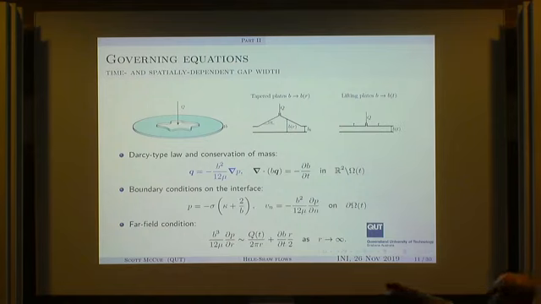I still get this Darcy law governing equation, but my conservation of mass looks different. And people might recognise this. You get this sort of equation from a lubrication model. And now it's important, this is my pressure condition or dynamic condition that relates pressure to surface tension. Now there is a curvature from the top, but there's also a curvature you get from the side.